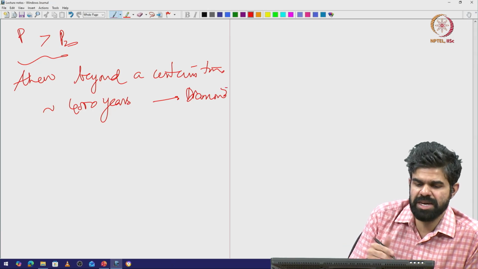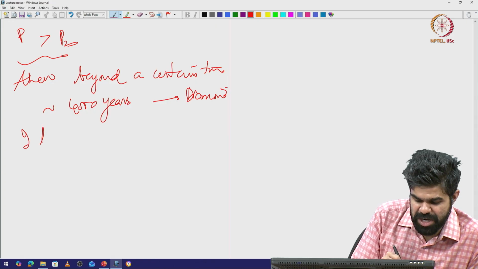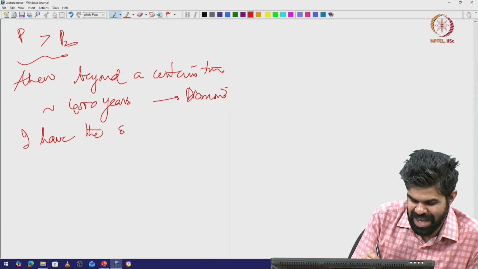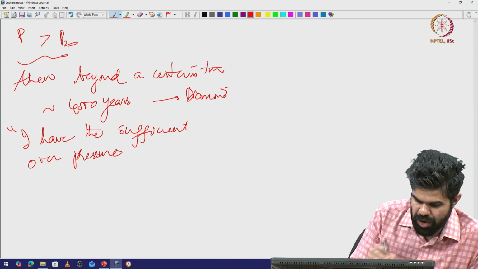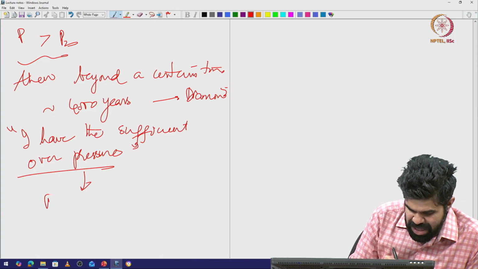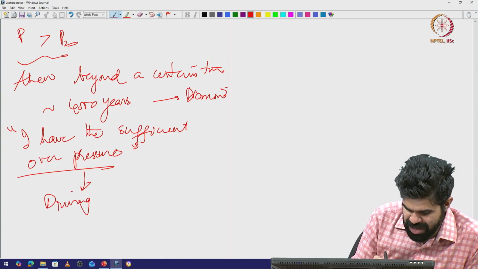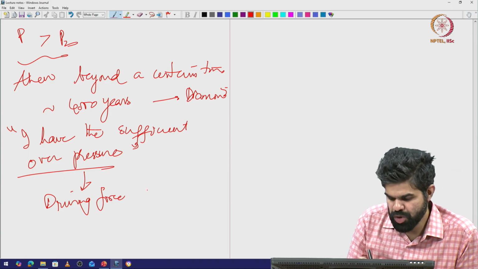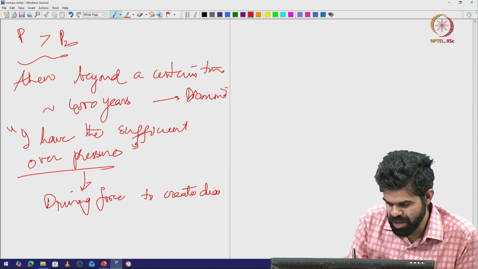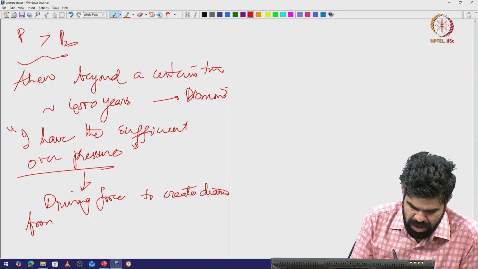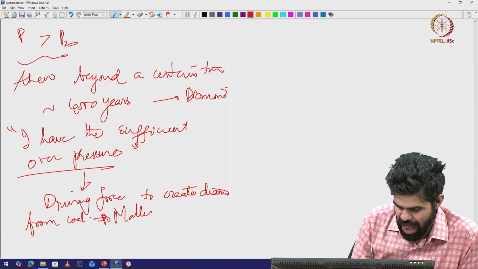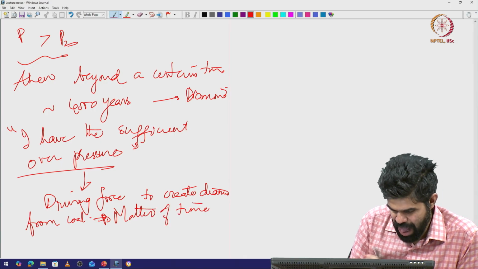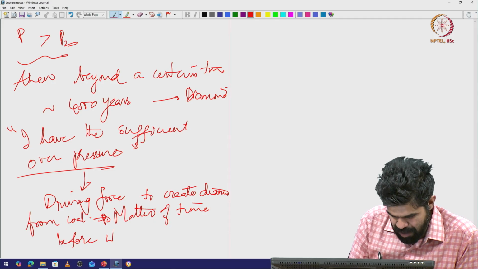Just because of the phase diagram, I have sufficient overpressure. By overpressure I mean the driving force; overpressure and driving force mean the same, to create diamond from coal. It is just a matter of time before this happens.